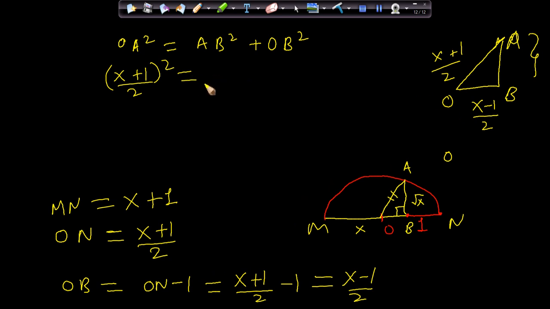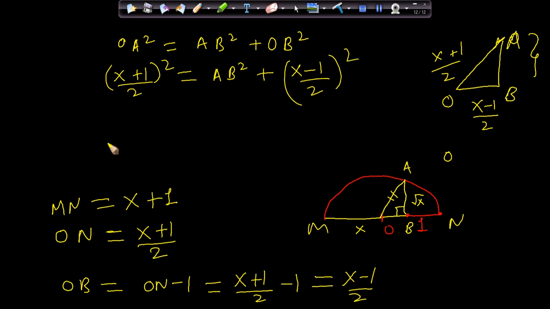AB square, this is what we want to find, right? We have said this is root x, so we will find how it is root x. What is OB? We found it from here, (x minus 1) by 2.